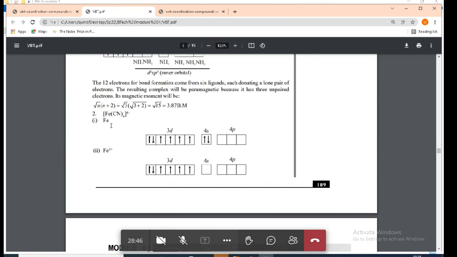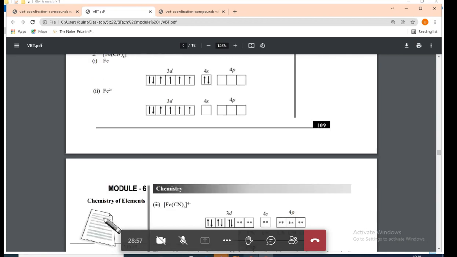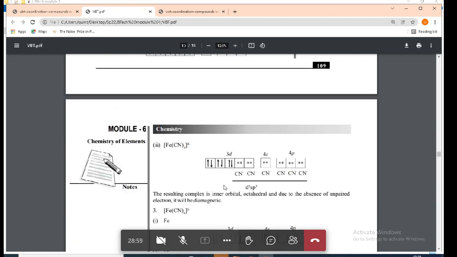Now in Fe(CN)6 4-, we saw that iron is in +2 oxidation state here. So in +2 oxidation state, what is going to happen? Here you have cyanide being a stronger ligand. It causes the electrons to pair up. So this was the diamagnetic complex.